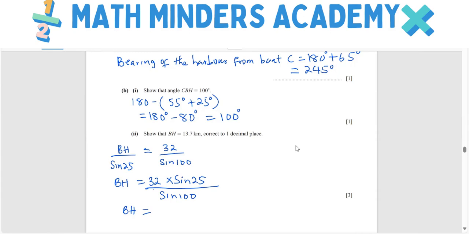If you use your calculator, you're going to get 13.7325 and so on. Writing this correct to 1 decimal place, we have BH equals 13.7 kilometers. So we have shown this.